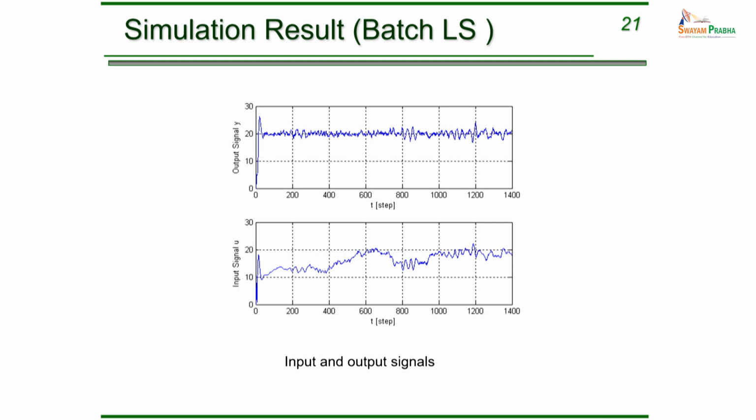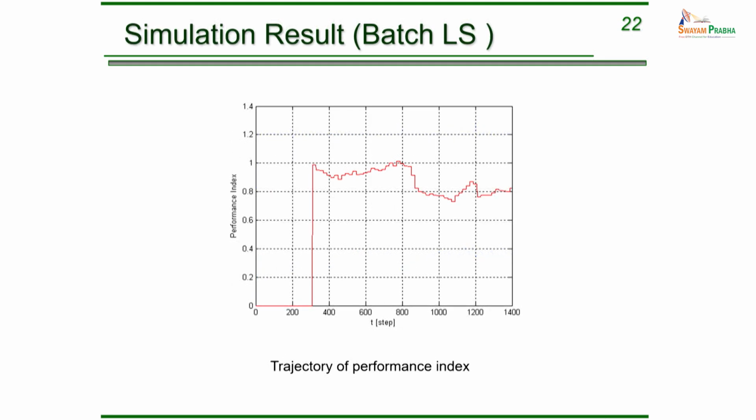The variance of the output is somewhat large, but nevertheless, control performance is not so bad. The performance drops after the 800 sample interval to roughly 0.8, but before that it was quite good.